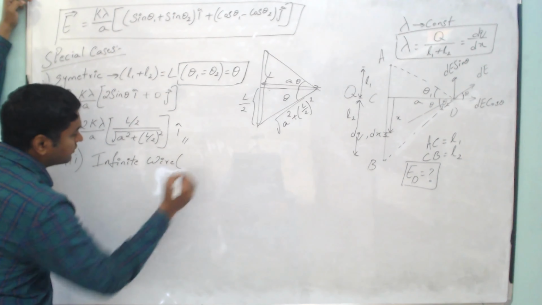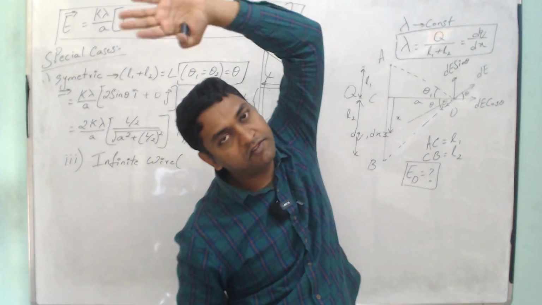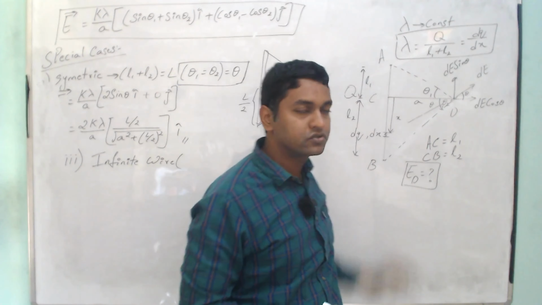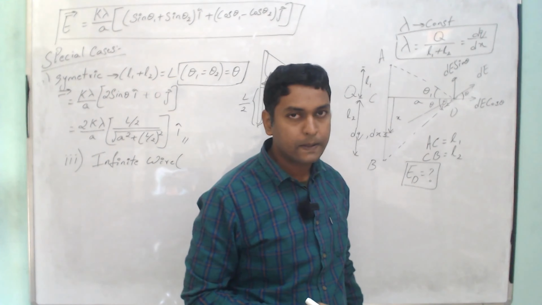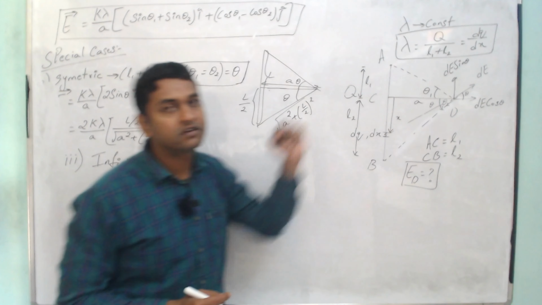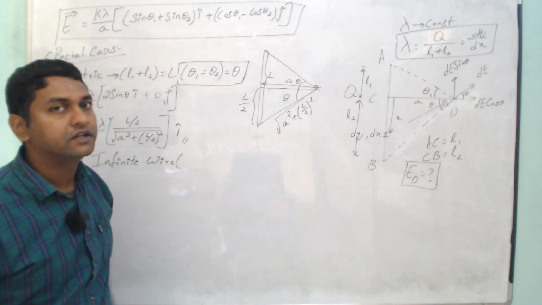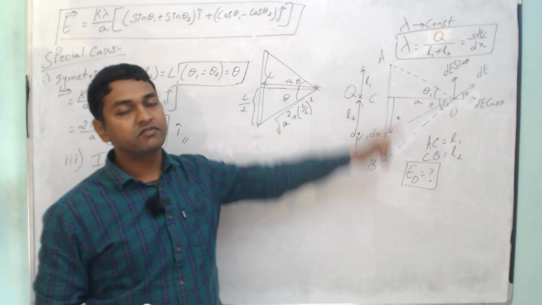Infinite wire means what? Up also we have an infinite wire, lower also we have an infinite wire, bottom side also. So what should be the values of theta 1 and theta 2?